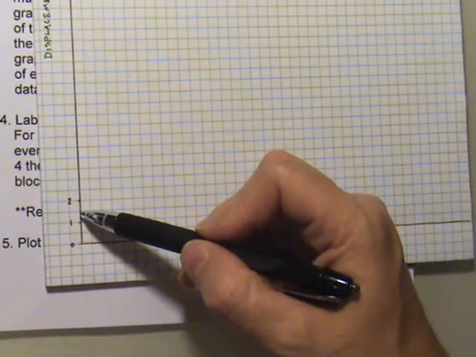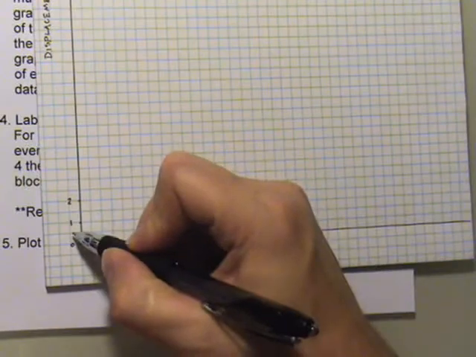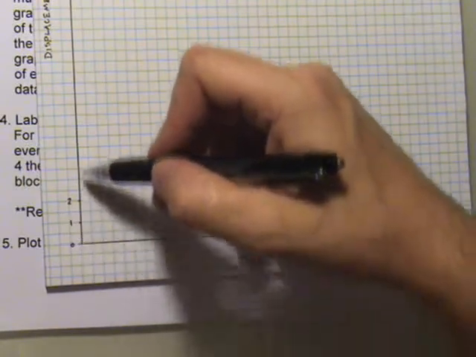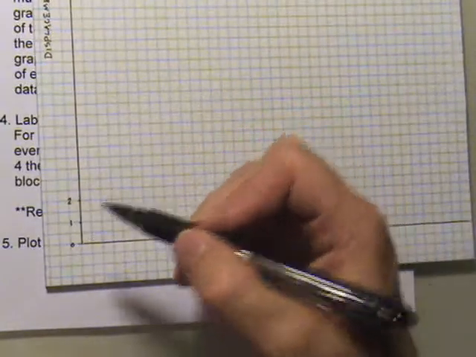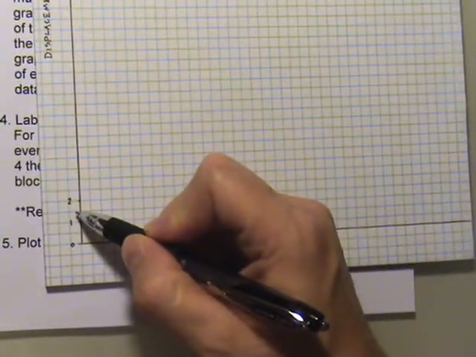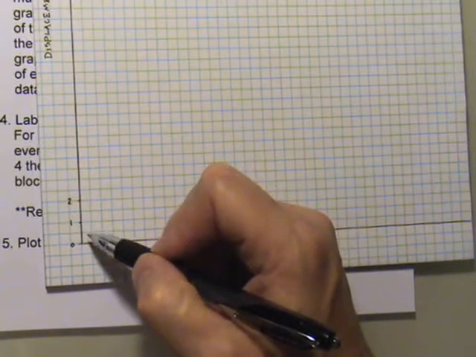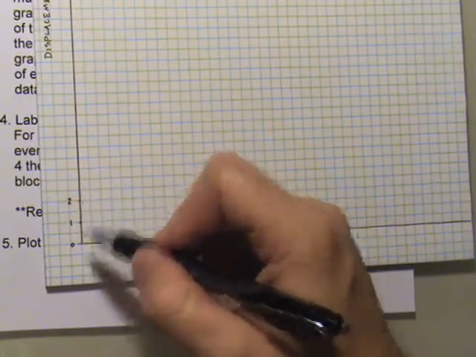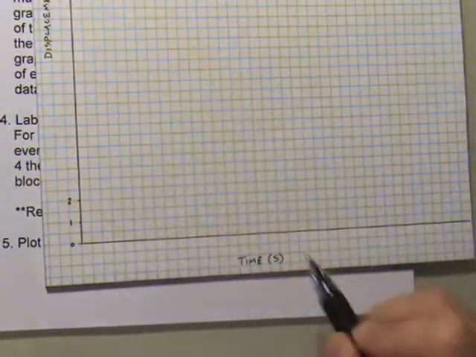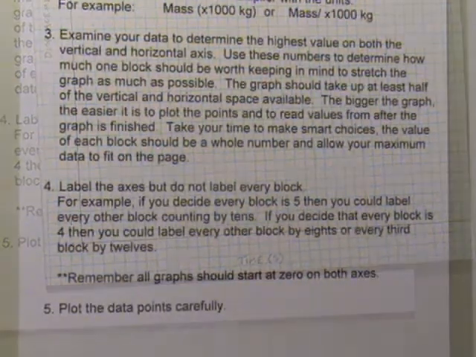And there's no reason to label 0.5. You end up with a graph that looks very cluttered, and you want to keep this axis looking clean. It's actually easier to read if you don't put the extra labels, the 1.5, the 2.5. It just makes a much cleaner looking graph. So I'm going to finish this, and then I'll come back to do the horizontal axis.